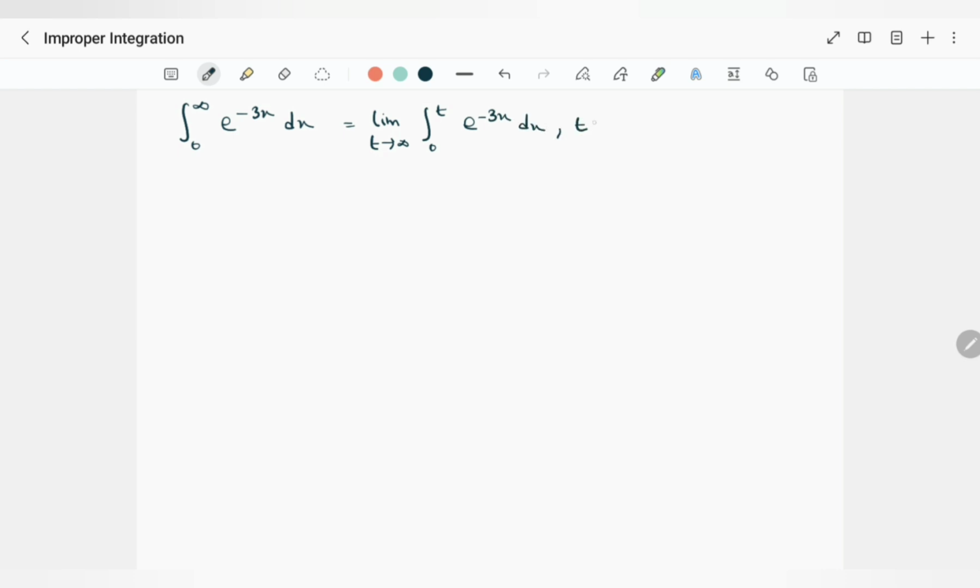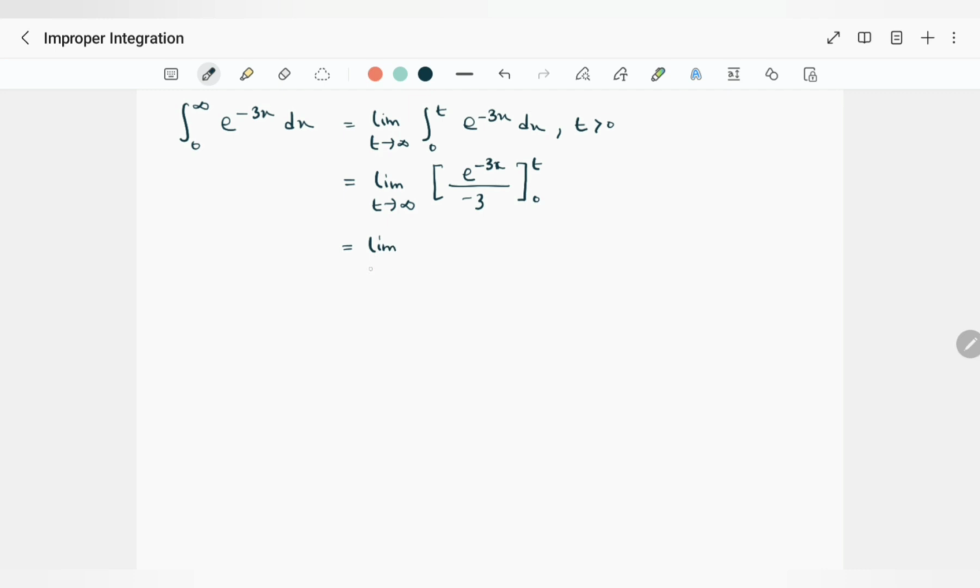So obviously t is greater than 0. Now first calculate the integration part. Now it is a proper integration. What is the integral value of e to the power minus 3x? It is nothing but e to the power minus 3x by minus 3, with limits 0 to t.